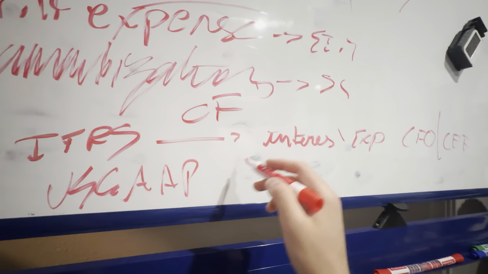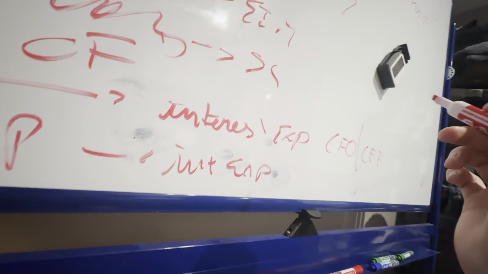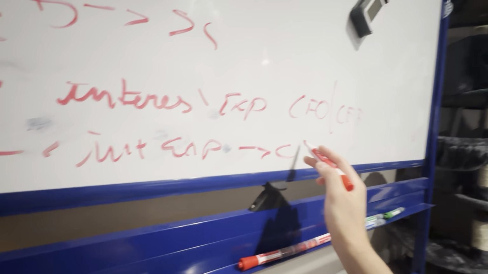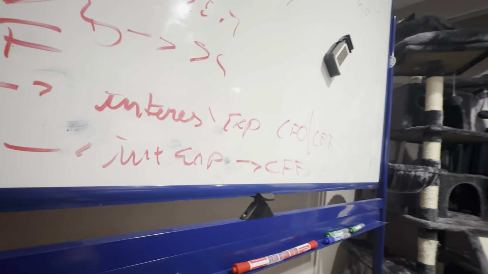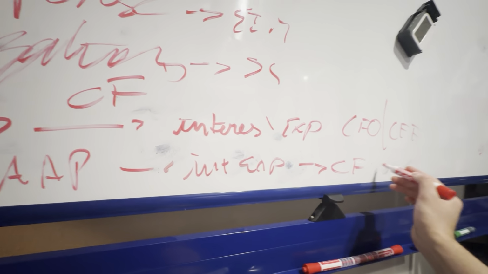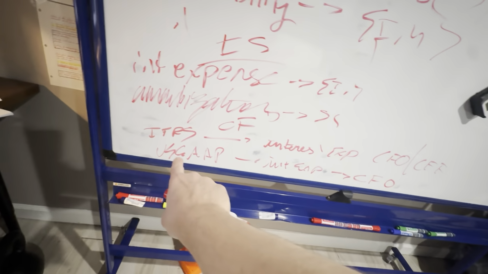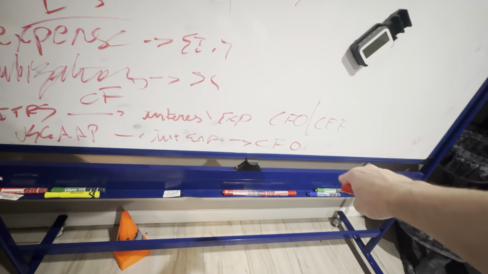And under US GAAP, interest expense is only CFF. Wait, right? No, it's CFO, excuse me. But then principal cash flow: IFRS, interest expense, CFO or CFF. You can choose. Under US GAAP, interest expense will only be CFO though.